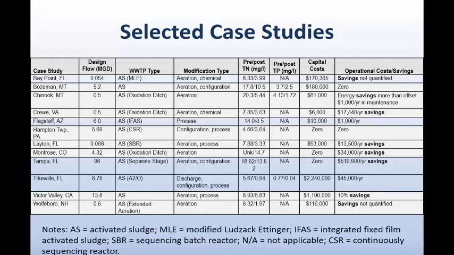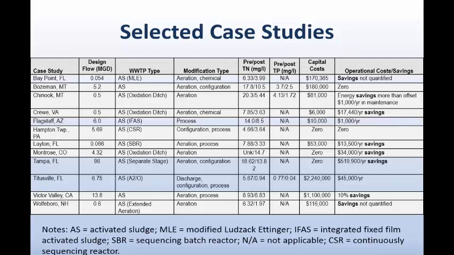Great, thank you. So when we started the case studies, how would you describe what we call the low-cost retrofit or modification? Well, we had a lot of discussion about what that meant.